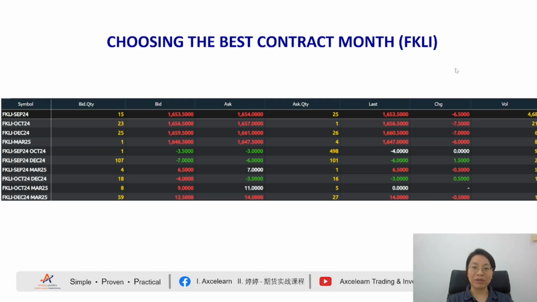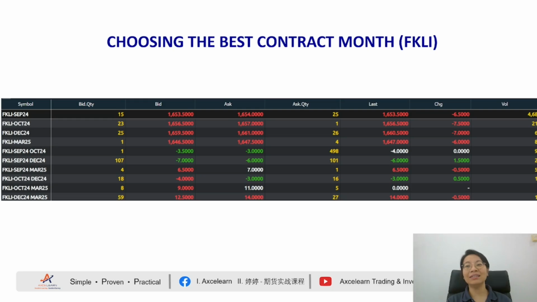When it comes to FKLI, if you refer back to the 2 key factors, the first one is liquidity. Looking at this price quote, as per the actual trading platform, if you want to look at liquidity, you need to look at the trading volume.